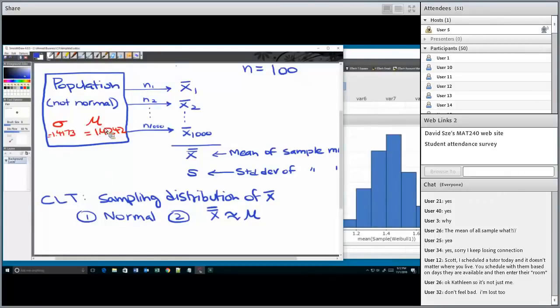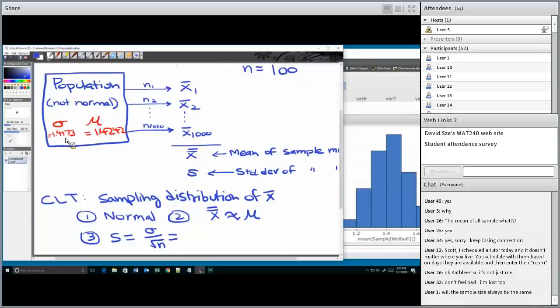So even if the population mean is unknown, you can estimate it using this method. And the third thing you'll find is that S, the standard deviation of all the means, equals the population standard deviation divided by the square root of n, which was your sample size. So for example, in this case, you expect your S to be equal to 1.4173 divided by the square root of 100.